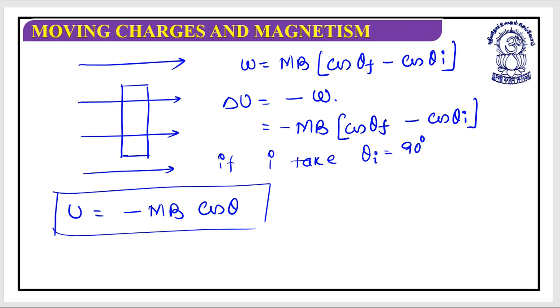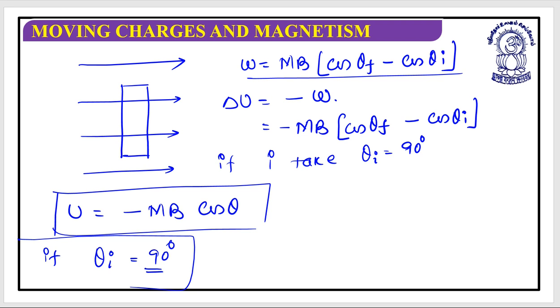Yes, this is U equal to minus mB cos theta. I hope this is clear. It is clear, but this is the case if theta initial is equal to 90 degrees. If it is not, we have this relation. Is it clear?